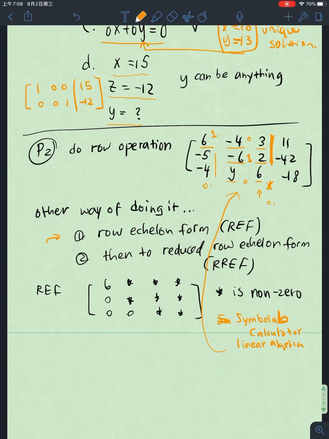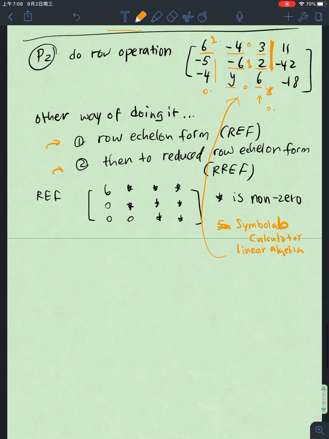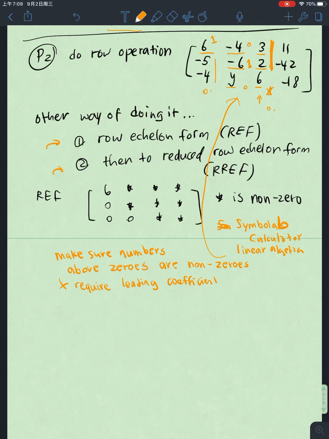When you use the symbolic calculator, they will do something different than what I just mentioned, because they will reduce it to REF form first, and then to RREF form. For an REF form, you only need to make sure the numbers above zeros are non-zero. It doesn't require the leading coefficient to be 1.